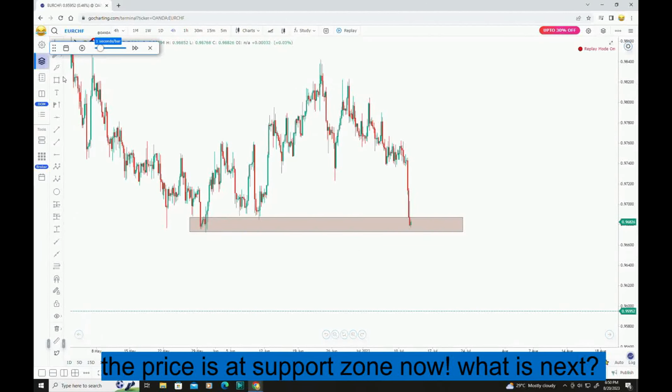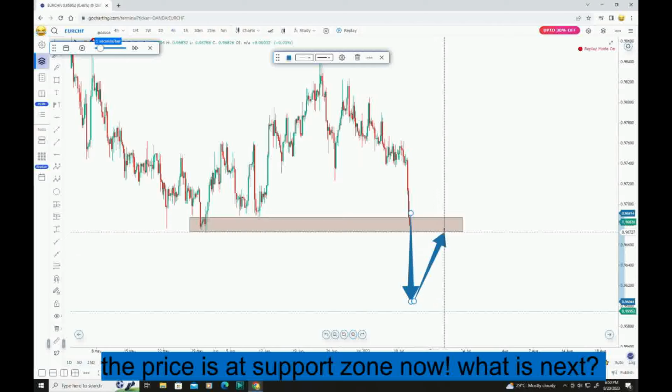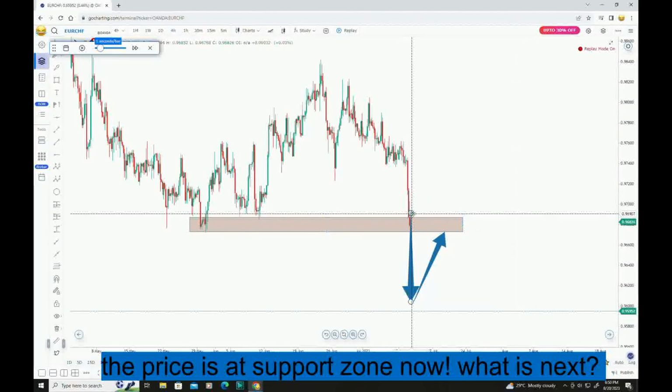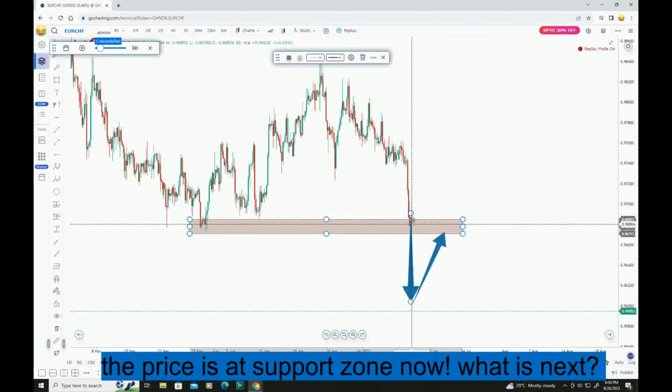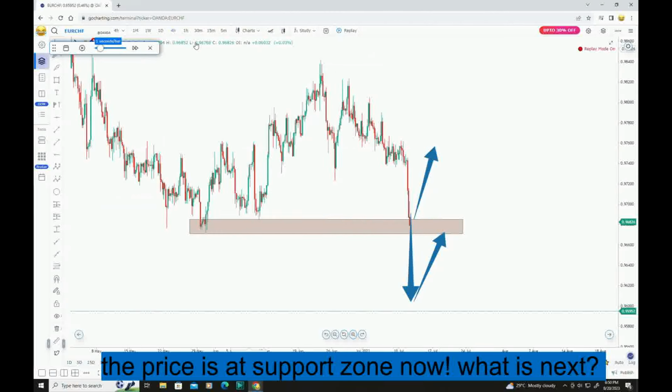The second scenario is that we wait for the price to break this support, and we have this evidence because we can see how massive this candle is, and then retest. There are two scenarios here. Let us see how it plays out.